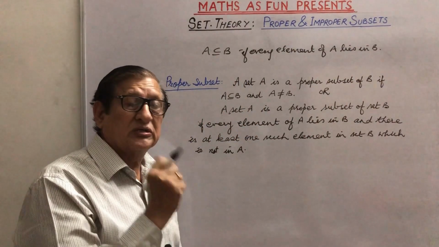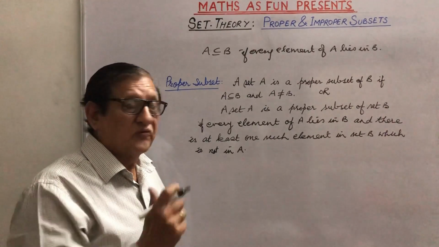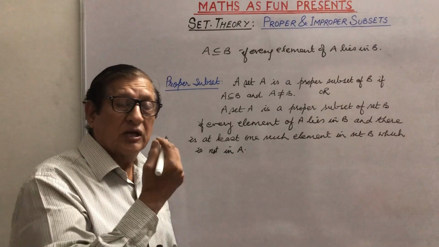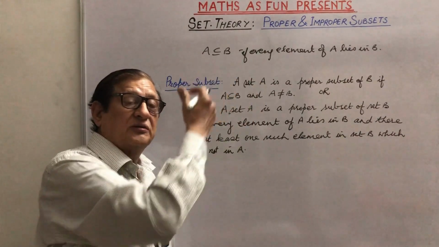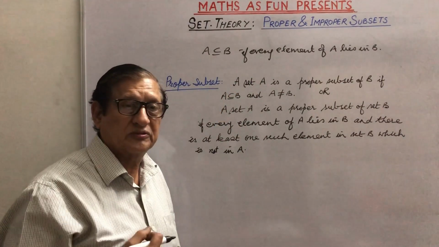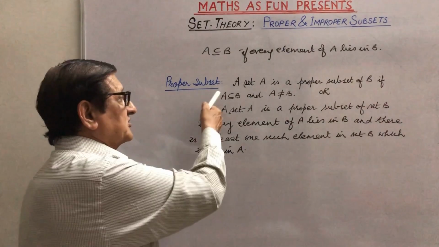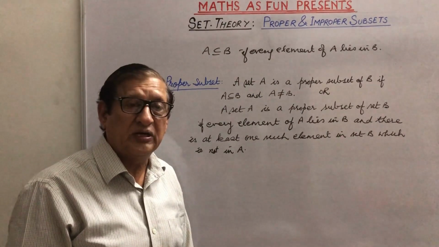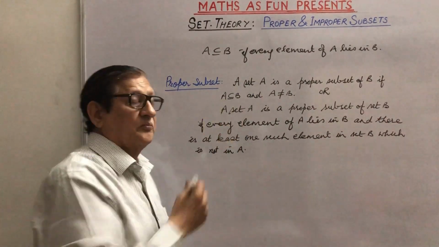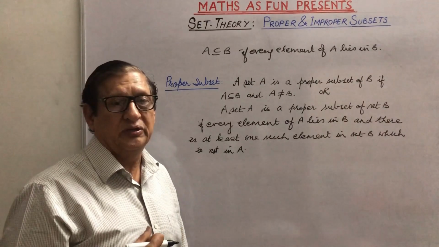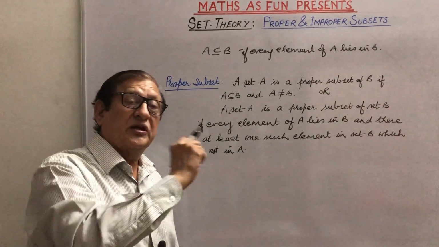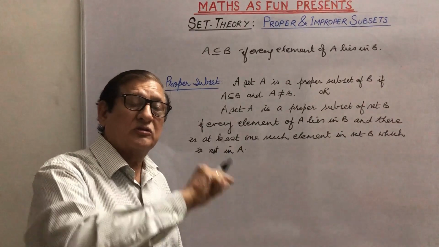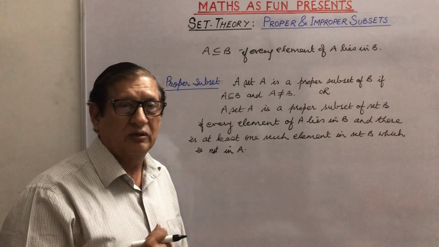Now we'll learn about the types of subsets. The first one is proper subset. What is a proper subset? Out of these subsets, some are proper subsets, some are improper subsets. We say that a set A is a proper subset of B if A is a subset of B but A is not equal to B. It means every element of A lies in B but every element of B does not lie in A. Both are not equal.